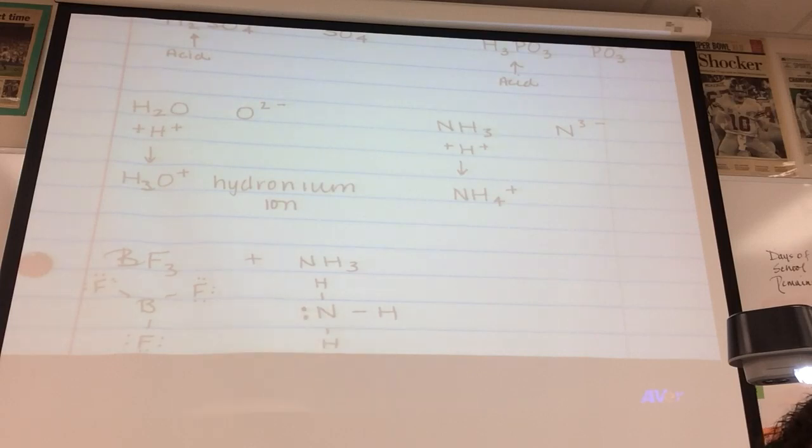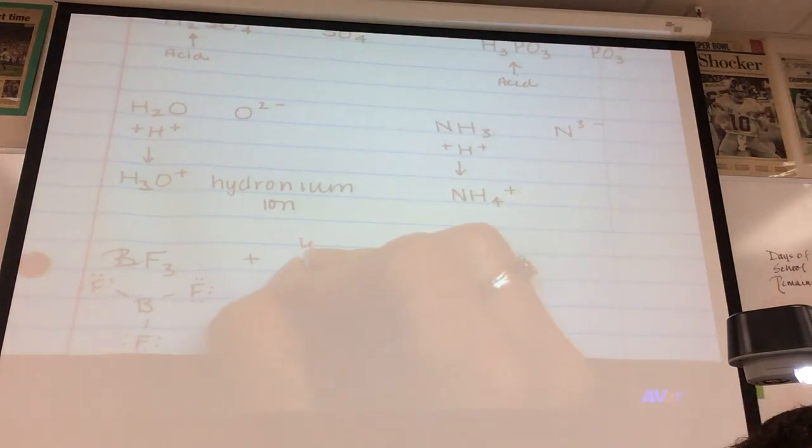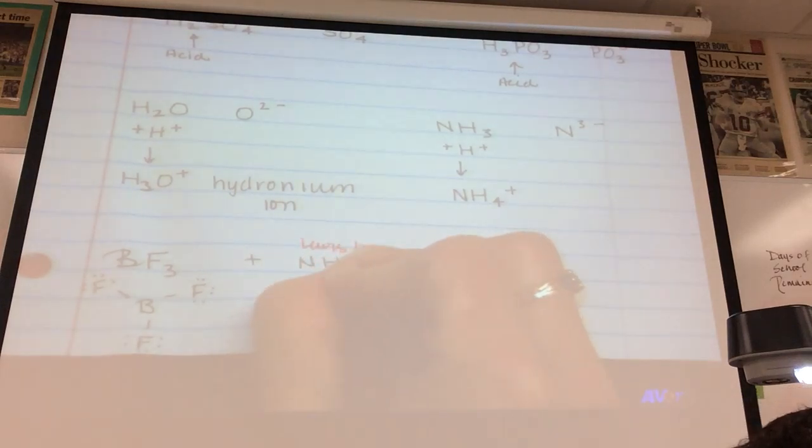This one right here, right? Ammonia. So this will be the electron pair donor, and therefore this is the Lewis base.